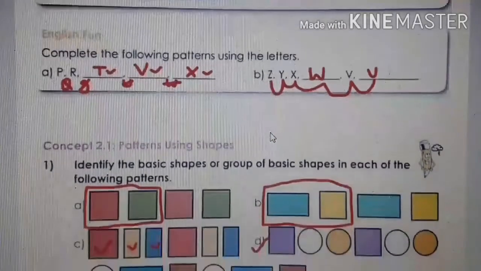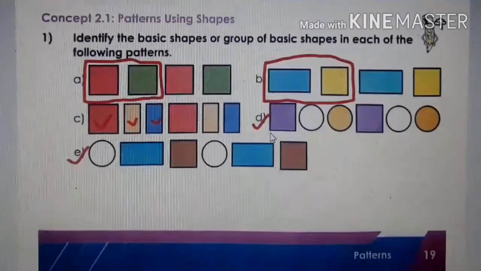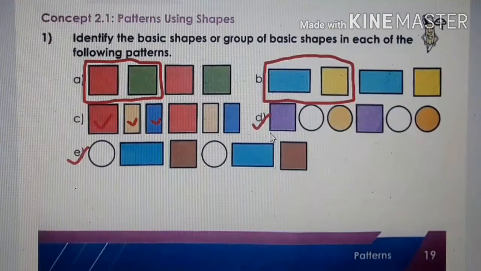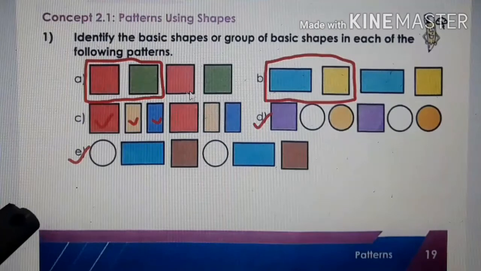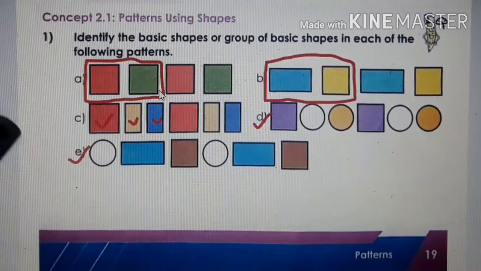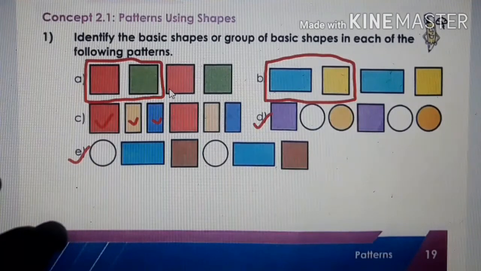Next comes patterns using shapes. In this question, children, you just have to identify the basic shapes or group of basic shapes in each of the following patterns. First one you see, all are squares, right? But what is the difference? The difference is two colors. That means two colors are repeating.